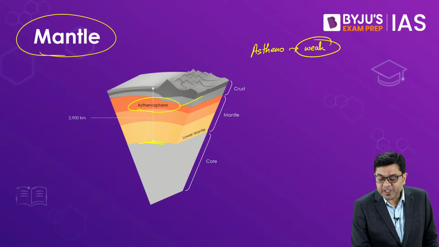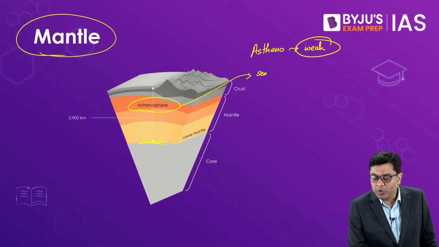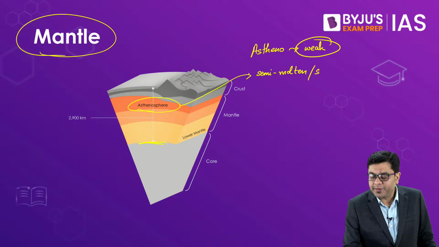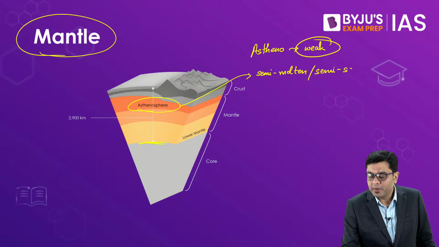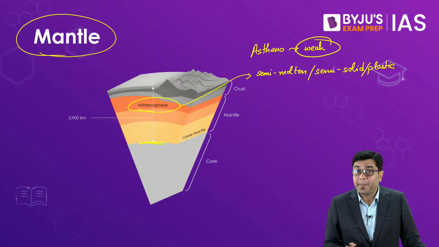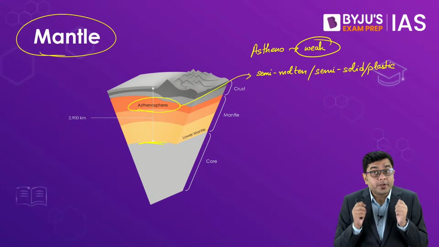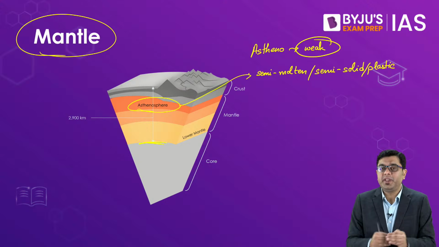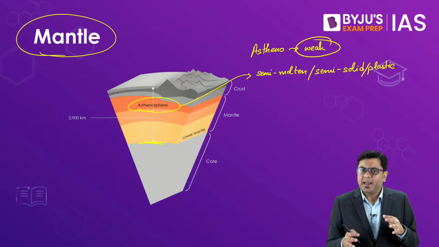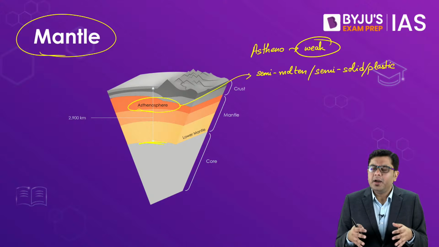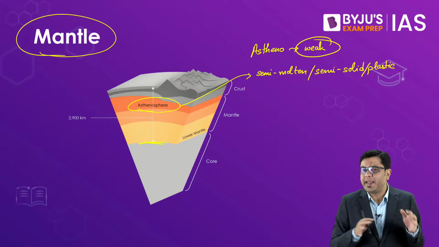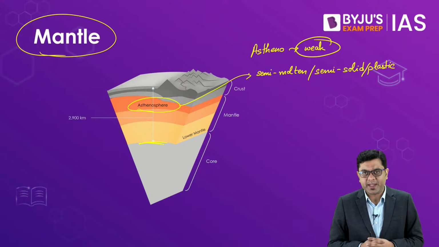This is a layer which exists in a semi-molten, semi-solid, plasticky state, whereby it can be stretched, but it is not a complete solid, nor a complete liquid. So, you cannot term this as a molten layer, but it is very weak, and here you have a semi-liquid, semi-solid kind of existence of materials.